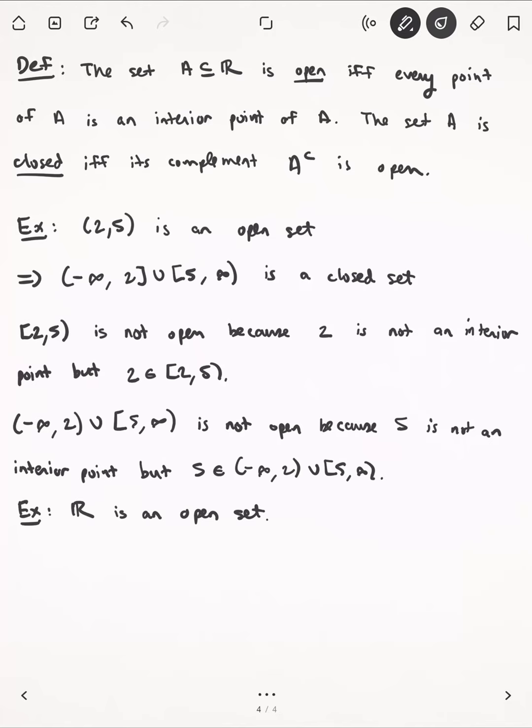And it's not for any radius, it's just for some radius. You have to be able to do it for some radius. So R is an open set because for all x in R, you just give the radius 1, and it is still a subset of R, right?